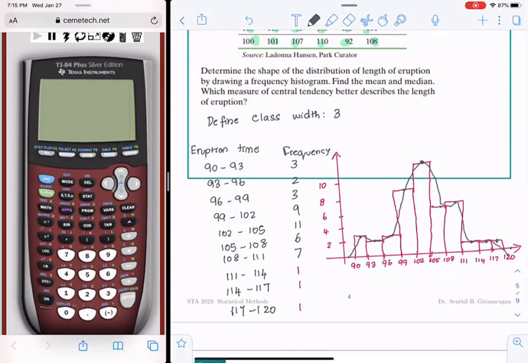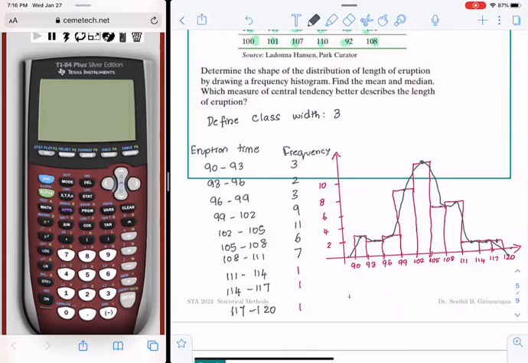So you can see perhaps the data has no skew. Perhaps the data is going to be symmetric. Why am I getting a messed up picture? Because I chose a class width of 3. Had you chosen a class width of 2 or maybe 4, you would get a different picture.